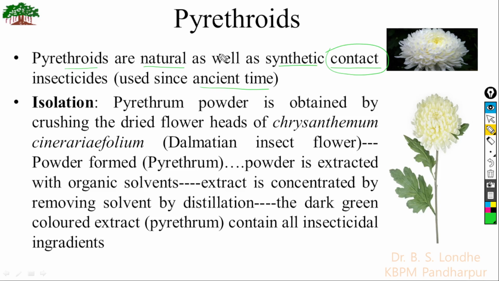So how are these pyrethroids isolated? See, this pyrethrum powder is generally available in the form of powder. It is obtained by crushing dried flower heads of Chrysanthemum cinerariofolium. This is commonly known as Dalmatian insect flower, and in Marathi it is known as Sevanti.